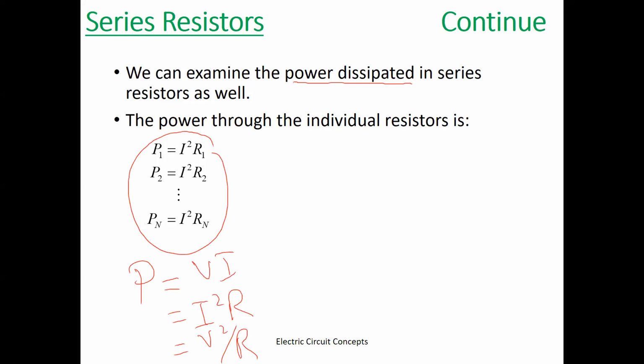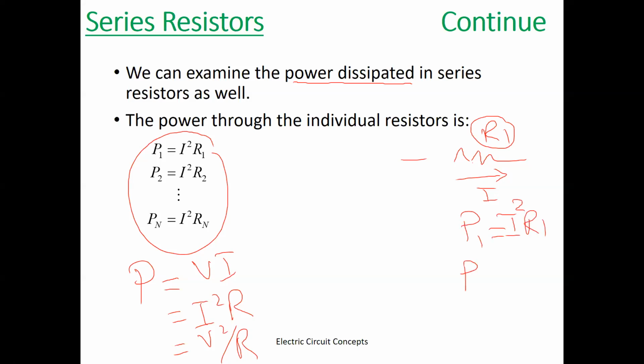Now, since we are finding the power in each element or each resistor, if I know the current through R1 and I know the resistor value, then P1, the power dissipated in R1, will be I squared times R1.